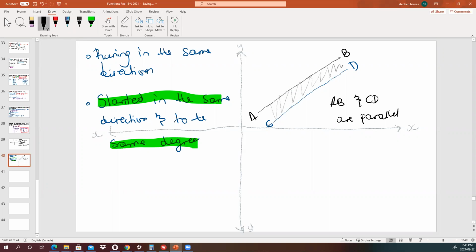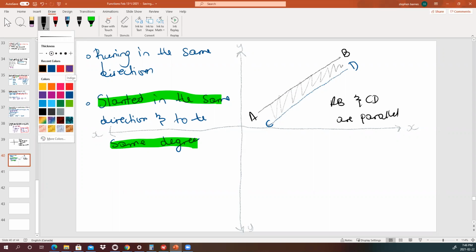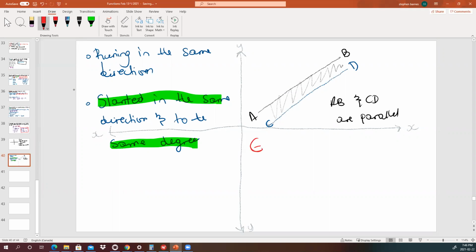Because they slant in the same direction and to the same degree, their gradients are the same, right?